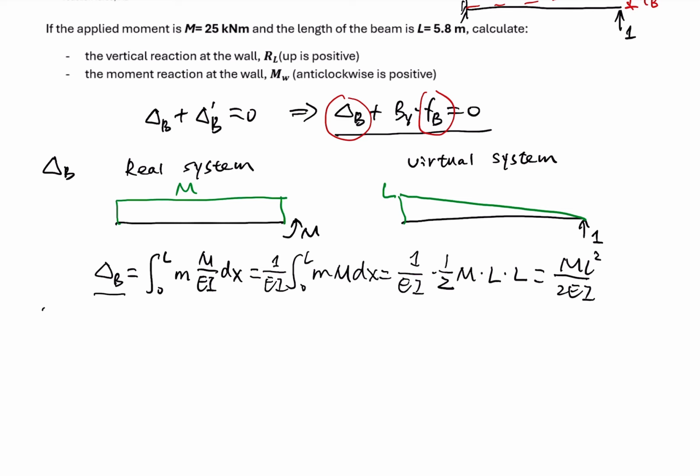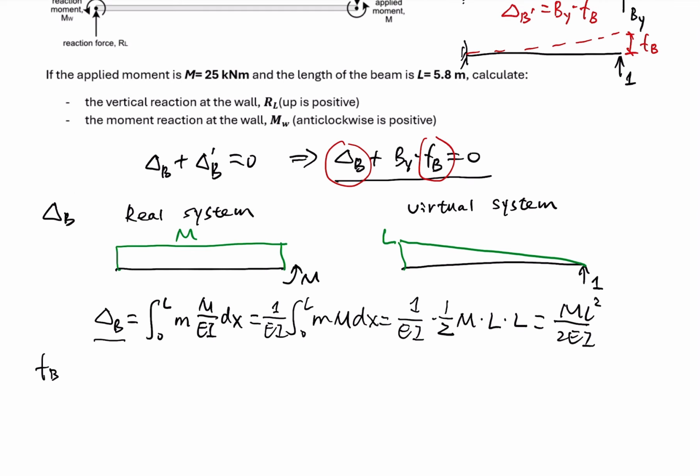Then we need to find out the value of FB. FB is shown here. FB is the displacement under the unit load 1. To solve this, first we build up the real system. The real system is shown here.